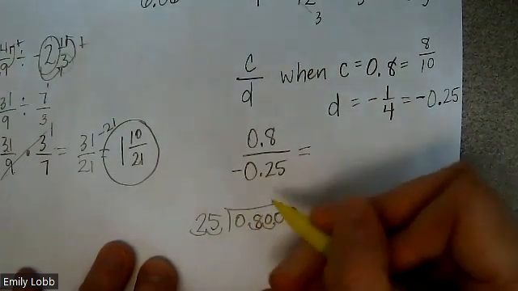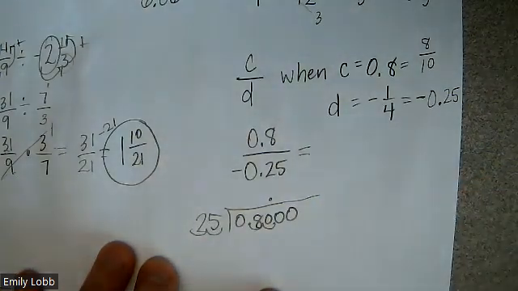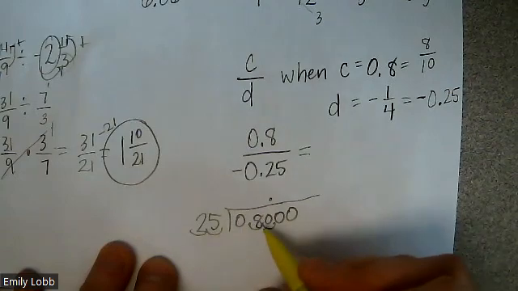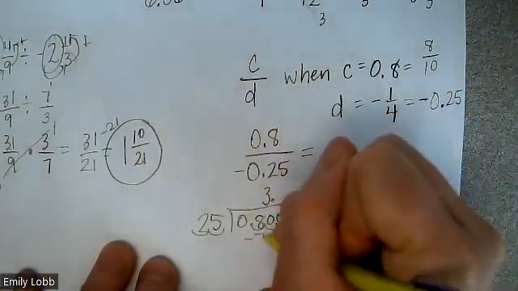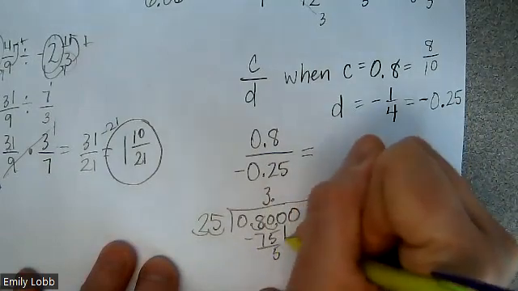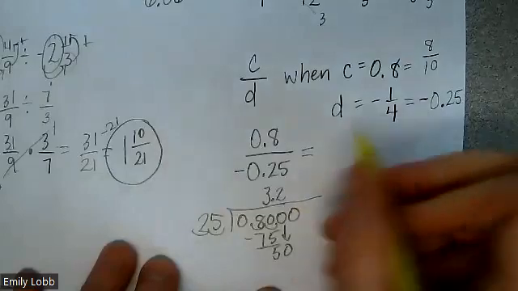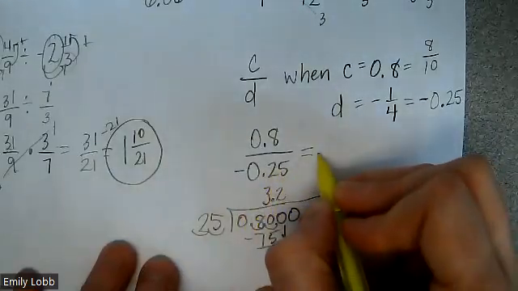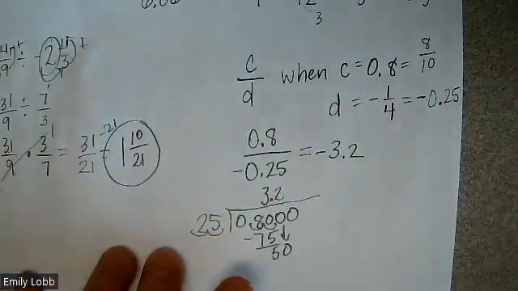So 25 goes into 80 3 times, which is 75. 5, bring down the 0. 2 times. And my answer would be negative. Did anybody check that in a calculator for me? Negative 3.2.